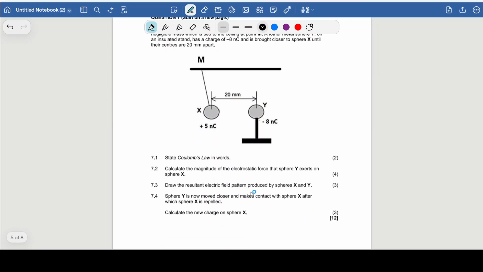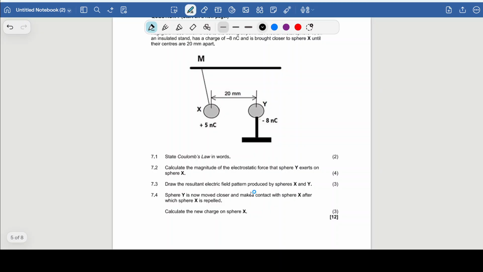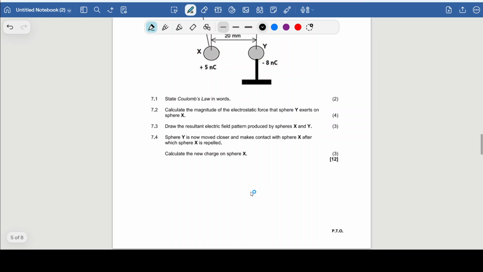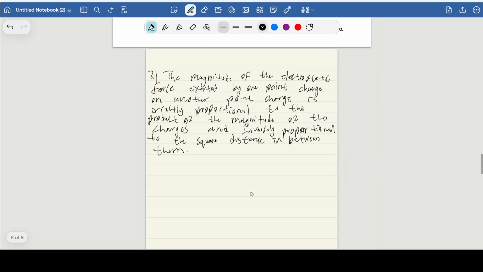Now calculate the magnitude of the electrostatic force that sphere Y, the one on the right, exerts on sphere X. Since they asked about Coulomb's law, we are going to use the equation that defines Coulomb's law.